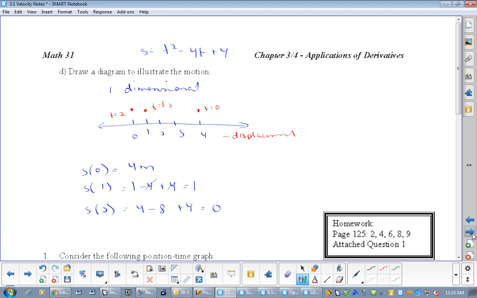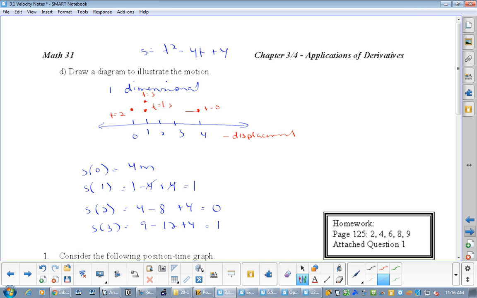Okay, S of 3 is 9 minus 12 plus 4. That equals 1, right? 13 minus 12. So then I'm back here at t equals 3.